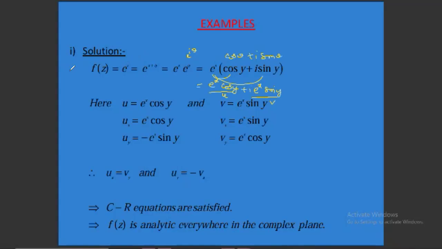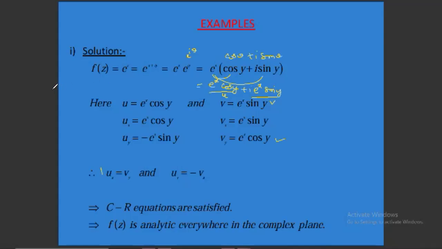So u x is equal to e power x, differentiation is e power x, and cos differentiation is minus sin. So u y is equal to this term, and v x is equal to e power x sin y, and v y is equal to e power x cos y.